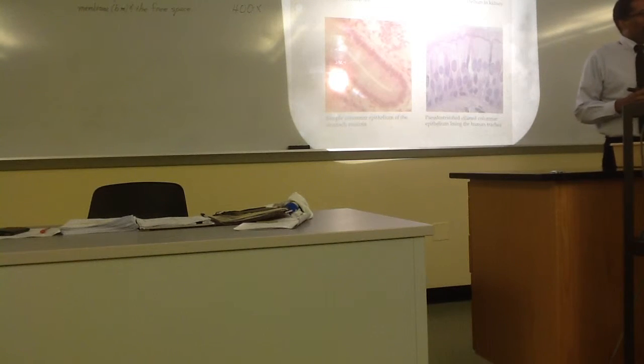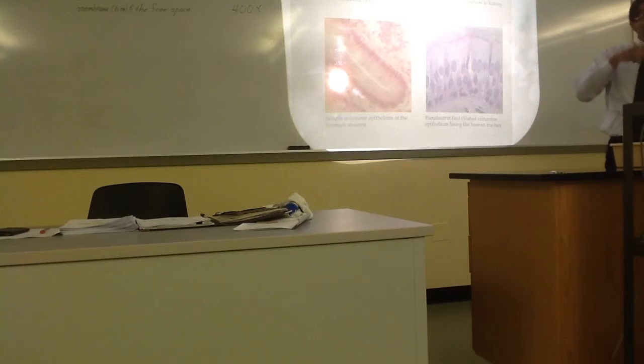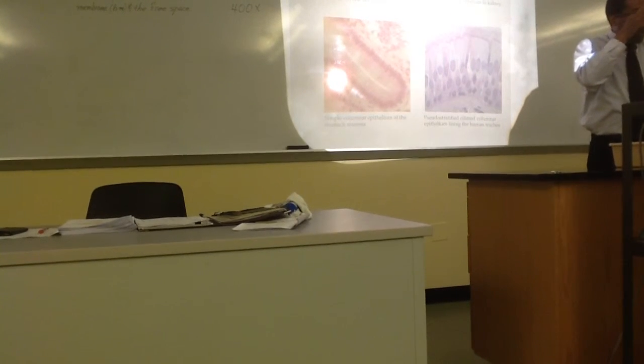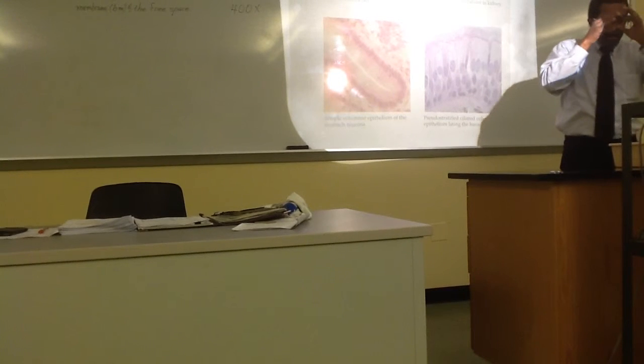Which by itself will magnify the image 40 times. But our microscopes are compound microscopes. We use two sets of lenses to view the specimen. We use one set of lenses that are built into the eyepieces, okay? And these are called ocular lenses.